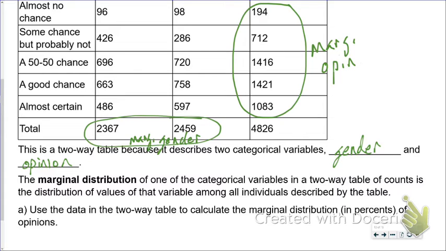So on part A down there, it's asking us to calculate the marginal distribution for opinion. So when they do that, something important to think about, because people get tripped up on all the different numbers on the board, in the problem, we want to ignore the gender data, because they are asking just for the marginal distribution of opinion.